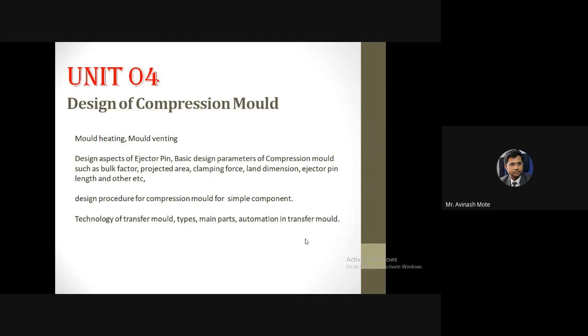Mostly what happens, maybe you have studied in machine design, is that the temperature factor is not considered. You are going for a simple plain design, even that designing is very complex. In machine design you have studied that.